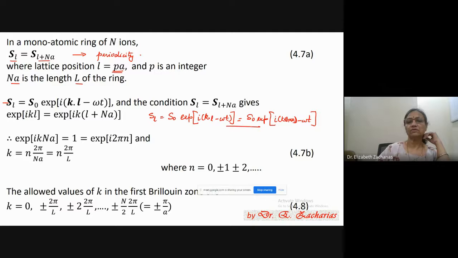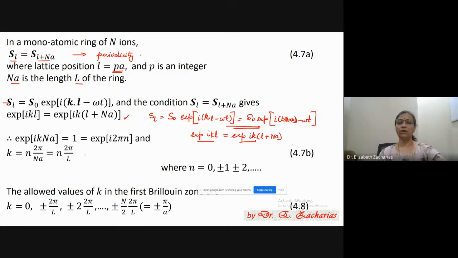So from this, what I will get is exponential i k l will be equal to exponential i k into (l plus Na).